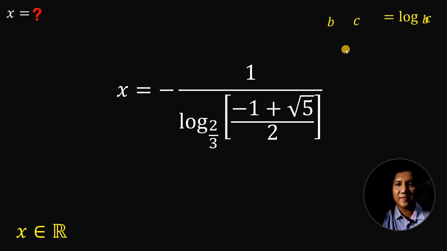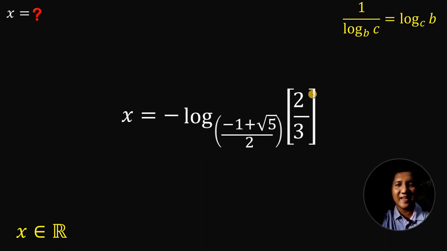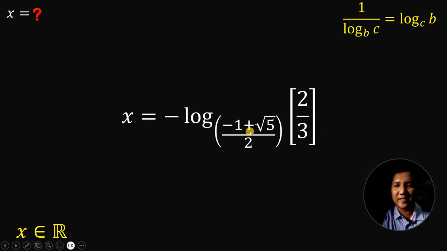Now, take note of this identity. If we have 1 over logarithm of c to the base of b, it is equivalent to logarithm of b to the base of c. So the right-hand side of our equation can be written as logarithm of 2 over 3 to the base of negative 1 plus square root of 5 over 2.